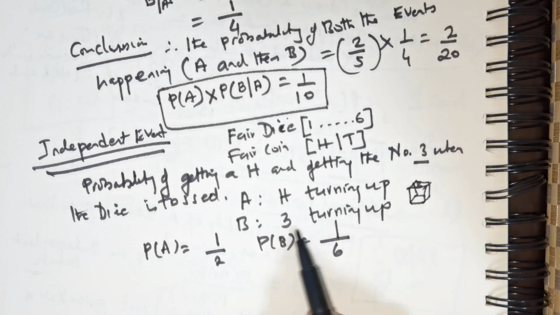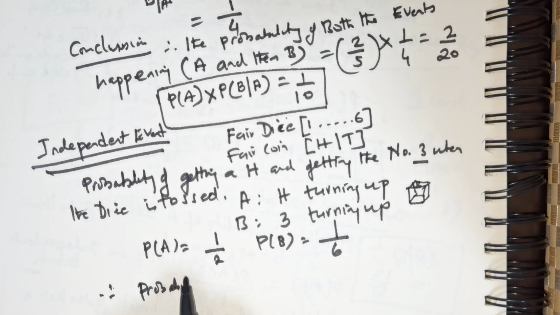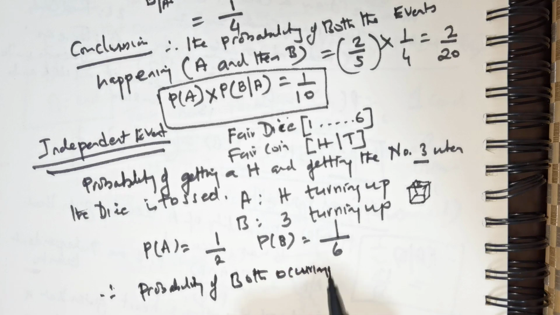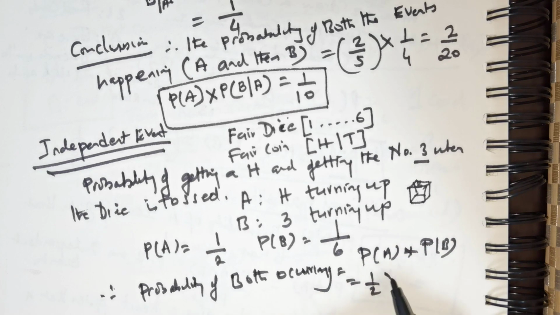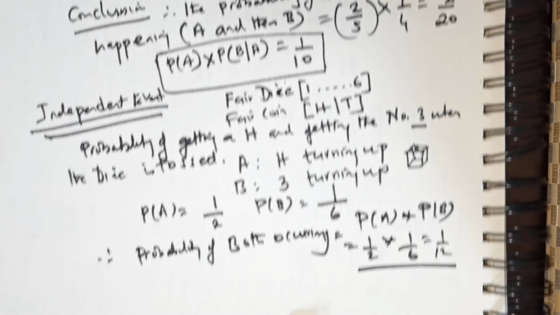So the probability of 3 turning up is 1/6. As I mentioned, we are interested in 2 events happening concurrently. Therefore, the probability of both occurring is equal to the probability of A multiplied with the probability of B, which is 1/2 multiplied with 1/6, which is 1/12. So this is the solution.